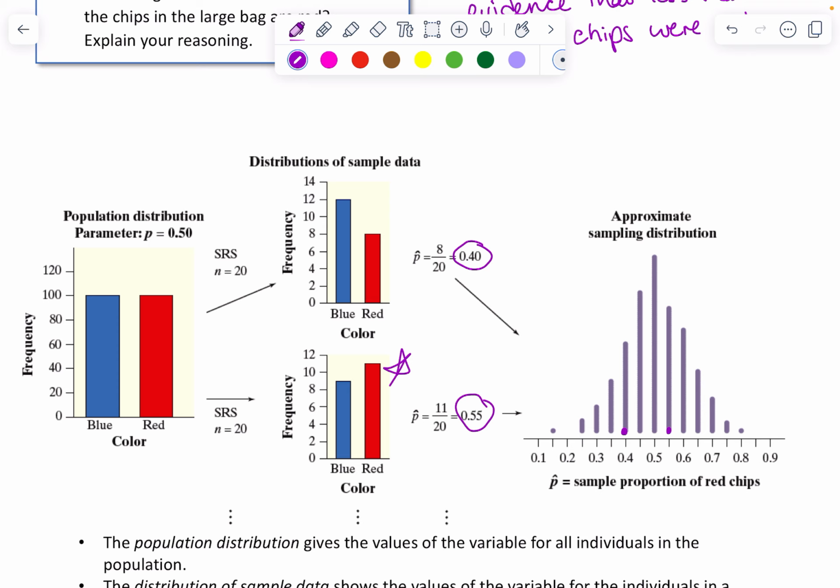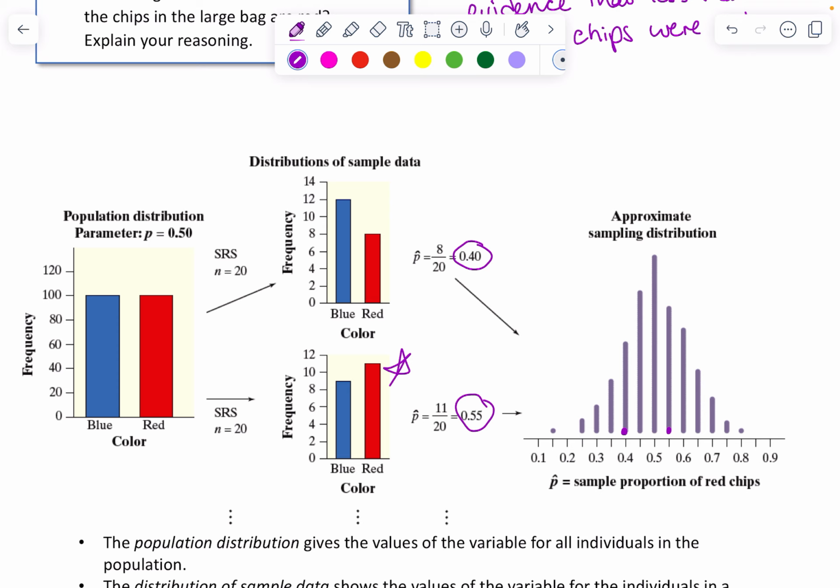And we do that for, technically, every possible sample, like we had in the definition. A sampling distribution is for all possible samples of size 20 in this case. But there's going to be a lot of ways to pick 20 chips out of 100. So instead, in this case, they just did a simulation of a lot of samples, so they got 500.